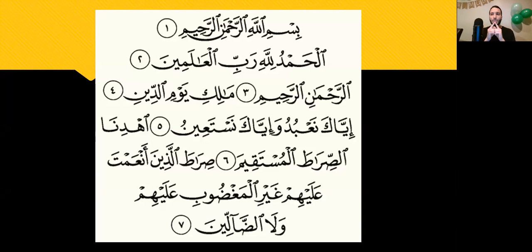But if I'm saying here mus, and then I have to say ta, I'm gonna say ta. Mustaqim. Can you say it? Mustaqim. Much better. Okay, let's keep going. Siratal Ladina.